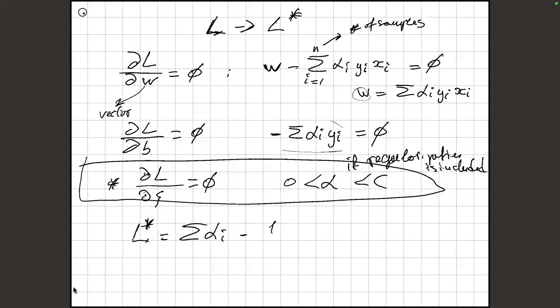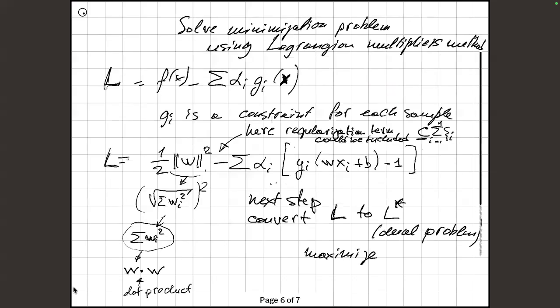Yes, but the final Lagrangian looks like this. So one half, and here we have two sums, which actually comes from the step when you substitute w into this dot product. So w is a sum, and when you multiply a sum by a sum, those are separate sums.